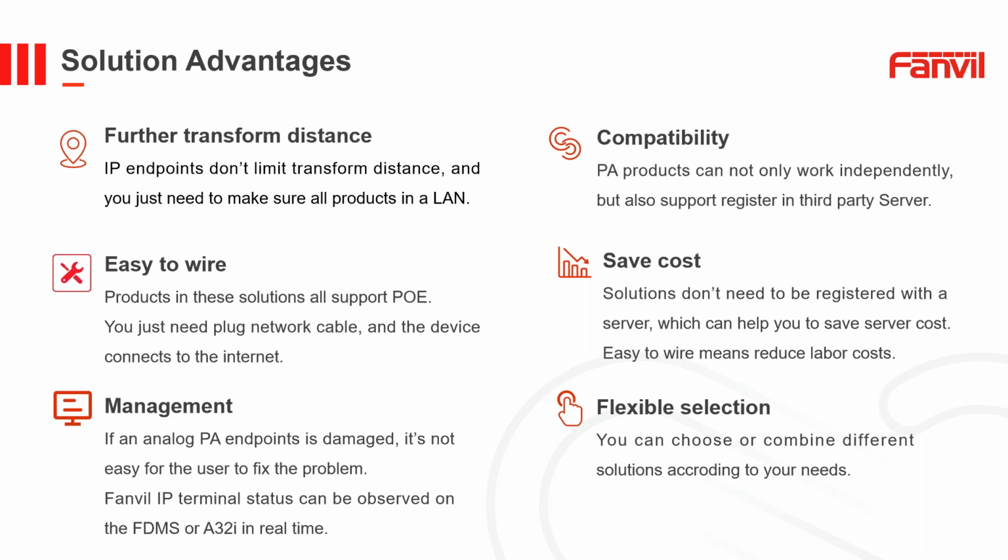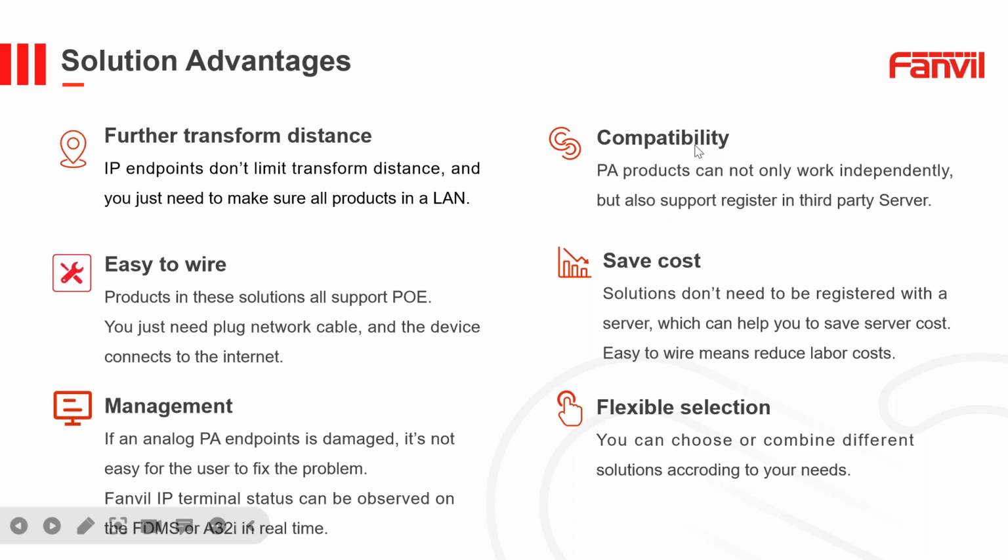Let me give one example. If the audio line is bitten by a rat, like in an analog system, your customer may find that they need to invite trained workers to solve the problem. But if you use Fanvil products and any device is damaged, you can observe it quickly.